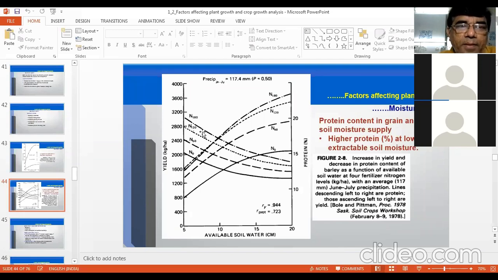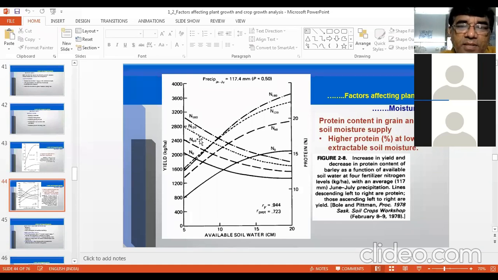Second point is that as you move right, as you increase the water availability, the protein content is declining. You can see maximum protein content is at the starting point, where the lowest water supply is. As you move towards the right, the line falls and the protein content declines.